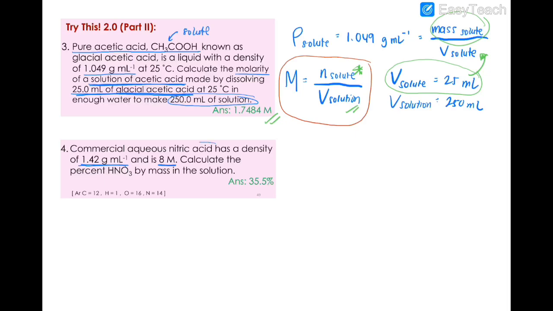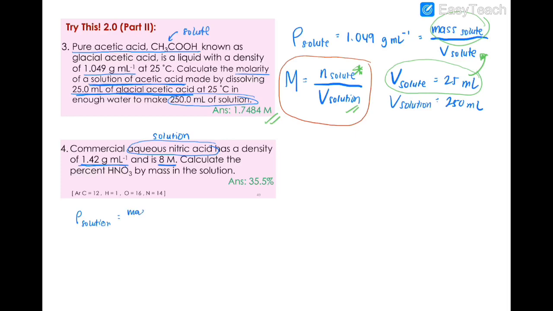Okay, so ini adalah aqueous nitric acid. So aqueous bermaksud dah ada air dalam nitric acid tersebut. So kalau dia dah ada air, bermaksud dia adalah solution. Okay, jadi density yang diberi kepada kamu kat sini adalah density of solution.